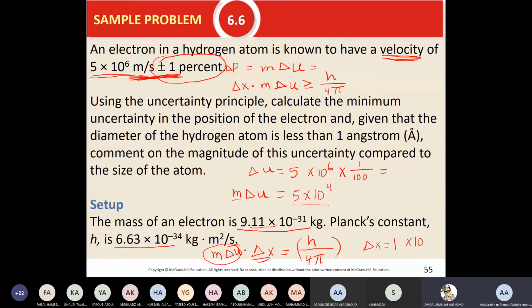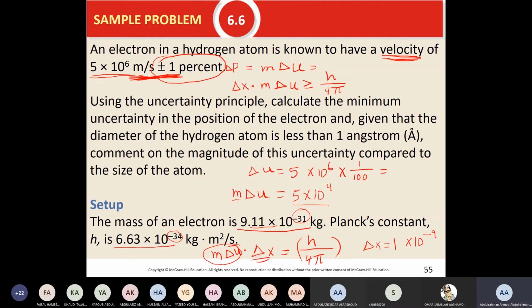You divided 10 to the power minus 31 by 10 to the power minus 34. It cannot be that value. Doctor, it is 1.05 multiplied by 10 to the power minus 35.